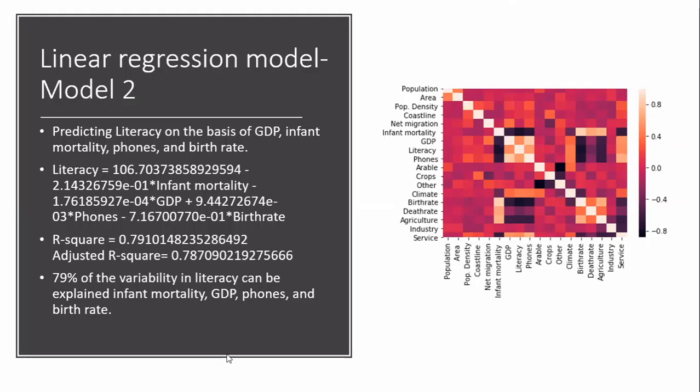We obtained an adjusted R squared of 0.78 that basically explains that 79% of the variability in literacy can be explained by infant mortality, GDP, phones, and birth rate. The assumptions for this model were met, and that was our confirmation that this model was a good option to predict literacy for these countries.